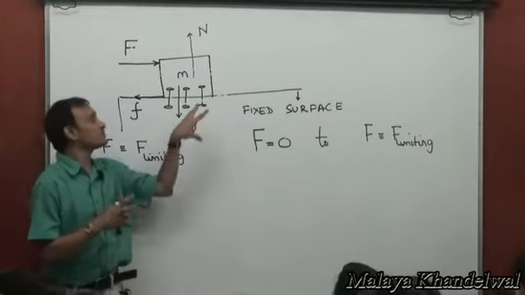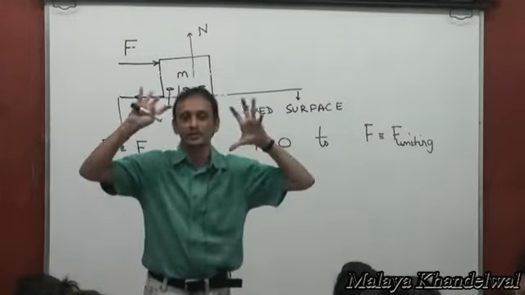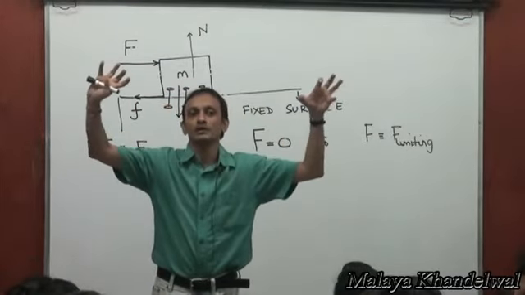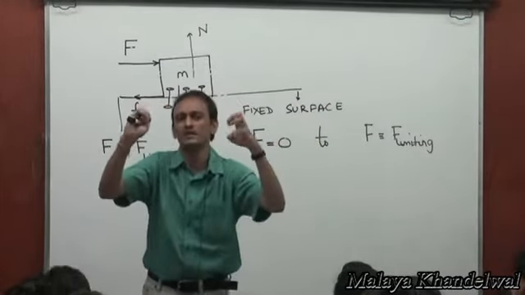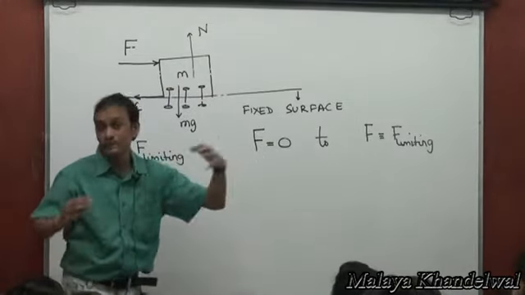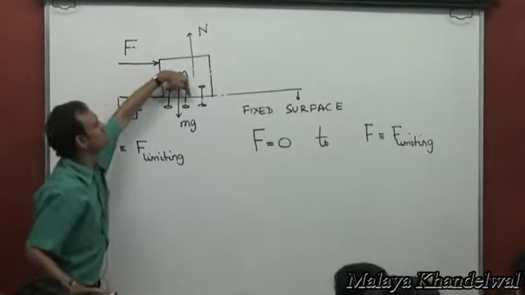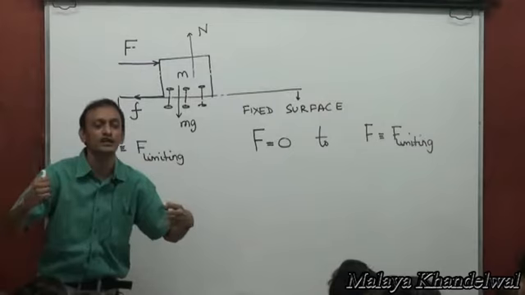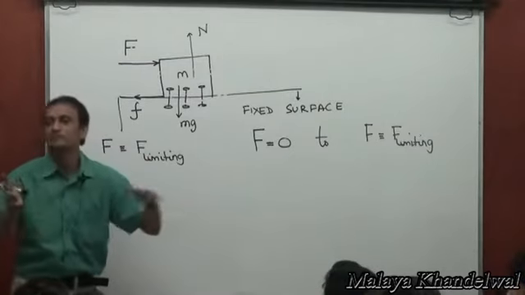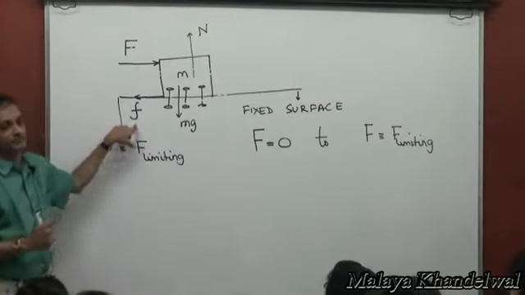So it was just a conceptual representation of friction. Instead of imagining friction to be abstract, imagine that there are pins holding these two surfaces together, preventing relative motion. Friction does exactly the same. So now the force exerted by these pins is essentially like the frictional force that prevents relative motion between the two surfaces.